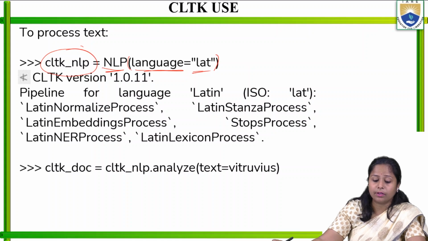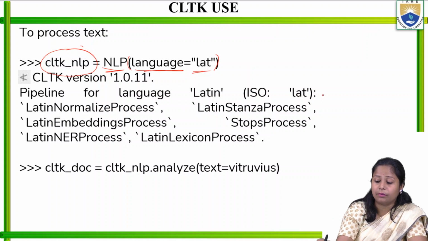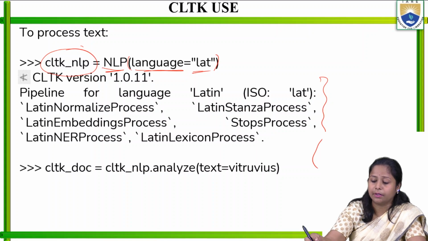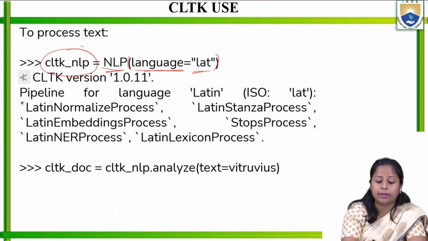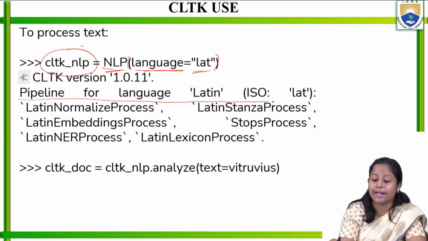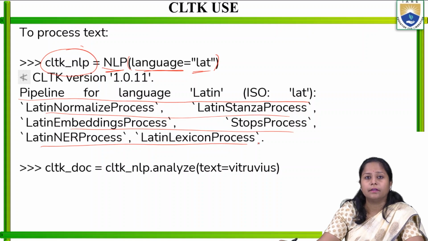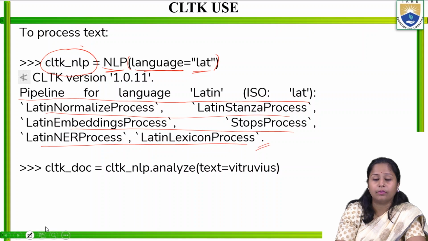Now it is going to tell us what the different processes are in this language and what the related things are in this library. It is going to give the pipeline for the Latin language. This is only for checking the Latin function.